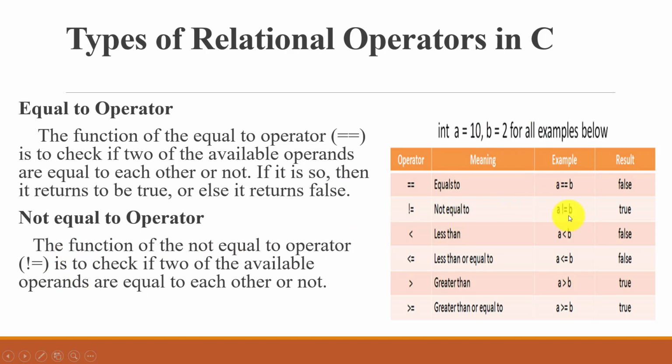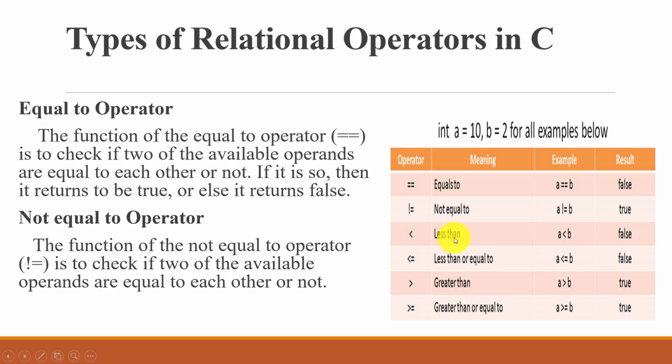They are not equal, so the result is true. It checks the two variables, 10 and 2, and returns true because the operands are not equal to each other.